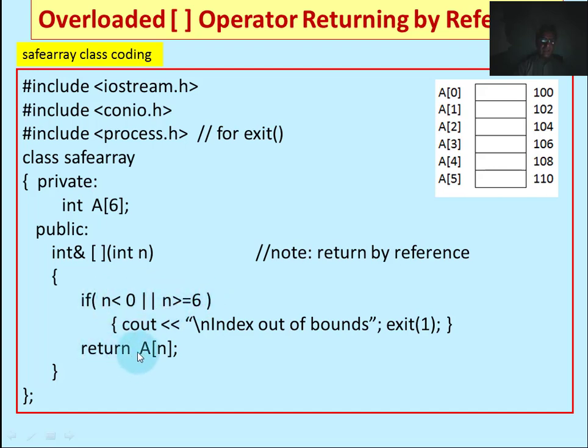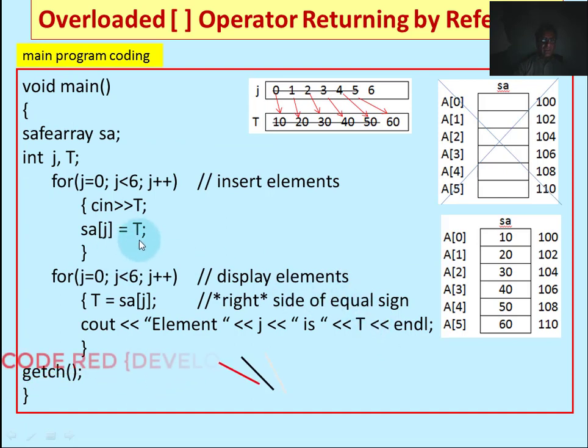No, then it will come here, and the a of 0 location value will be returned, but here we are going to return the address. So 100 will be returned because the memory of a of 0 is 100, and at the 100 location the user has input t, value 10. So 10 will be stored at the 100 location.